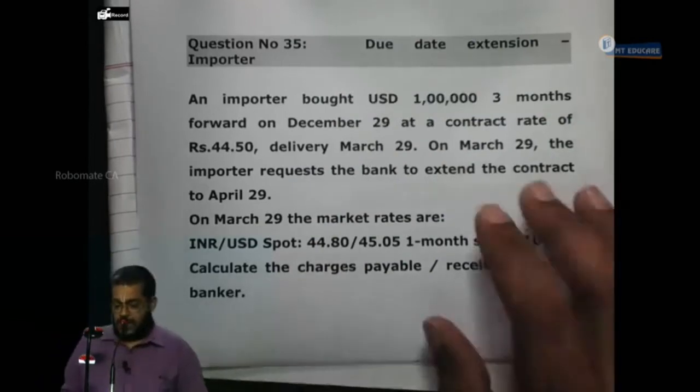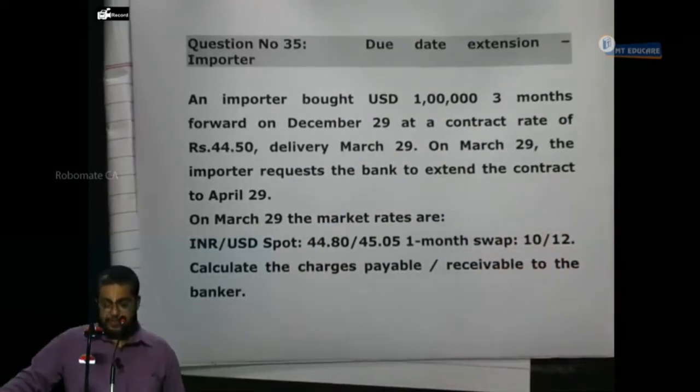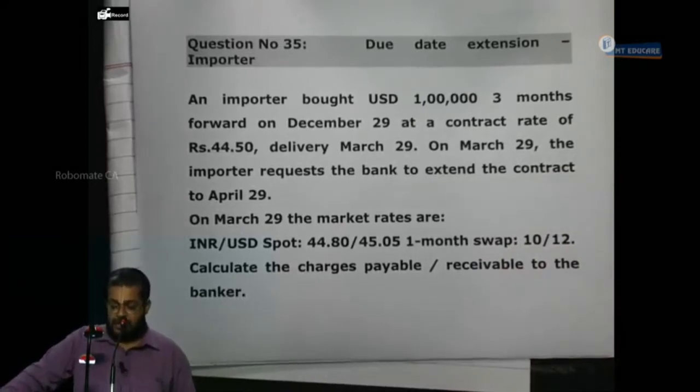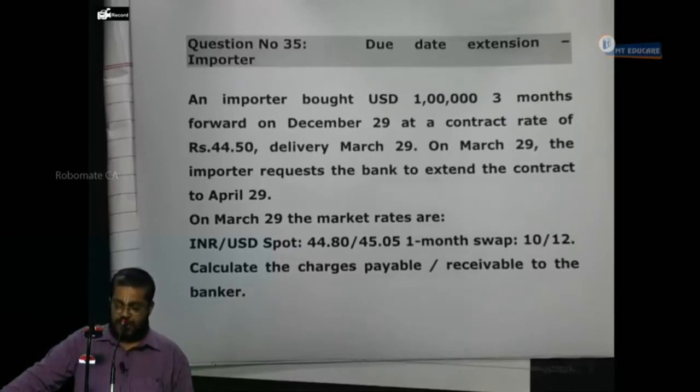An importer bought US dollar 1 lakh 3 months forward on December 29 at a contract rate of 44.50. Delivery on March 29. On March 29, the importer requests the bank to extend the contract to April 29.